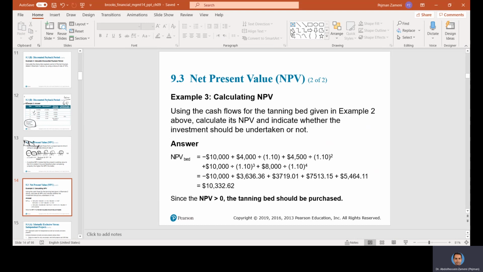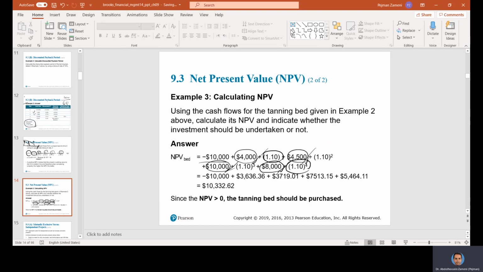Okay, the simple formula that we have, see, this is the initial outlay, this is the cash inflow of year 1 divided by the discount factor. The same story, the cash flow of year 2 divided by the discount factor, and cash inflow of year 3 divided by the discounting factor of year 3, and cash inflow of year 4 divided by the discount factor for year 4.